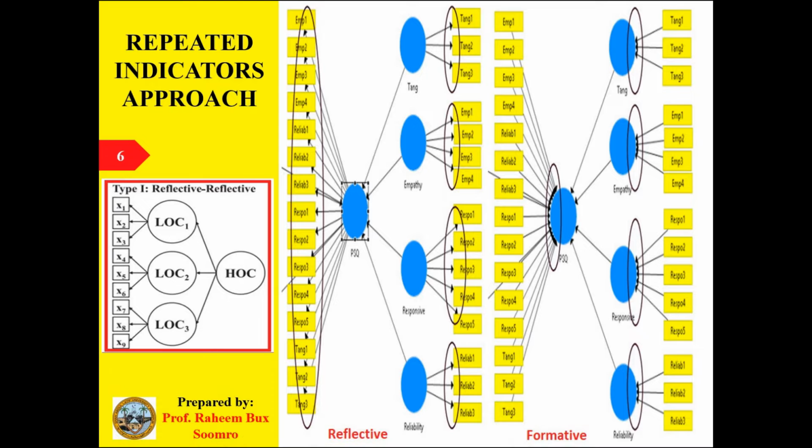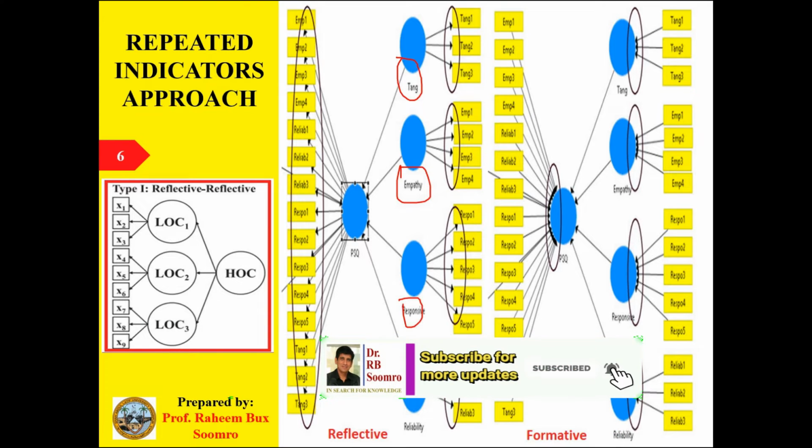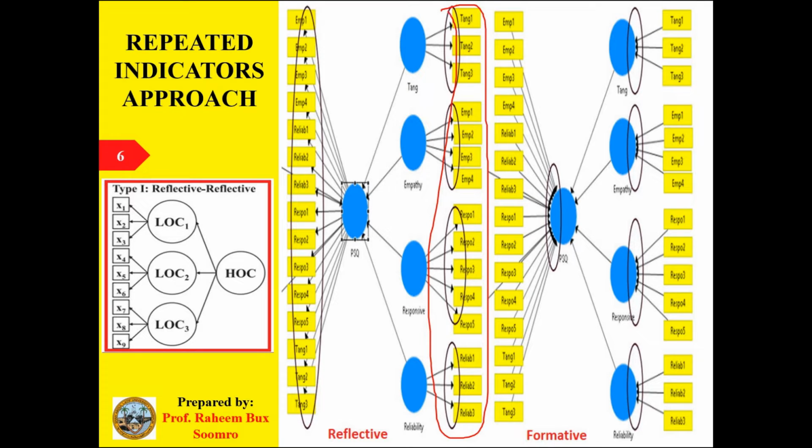Tangibility is our first subdimension, empathy another, responsiveness another, and reliability another subdimension. So we are taking all the indicators of all these four dimensions, and assigning them all to this HOC, the PSQ construct. You are looking here, all these items have been assigned to this higher order construct.